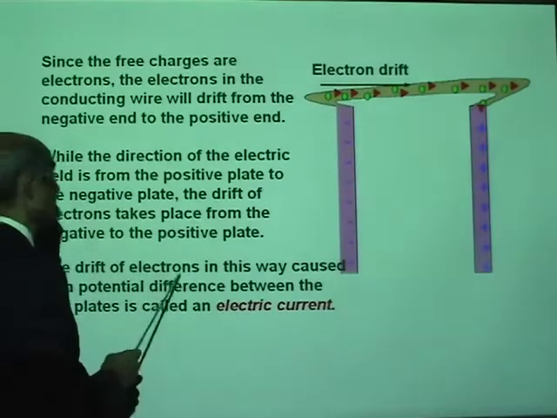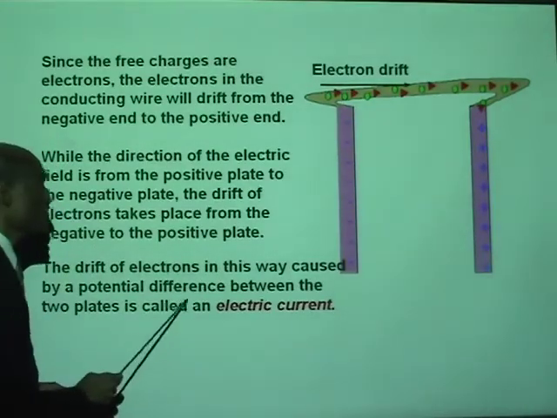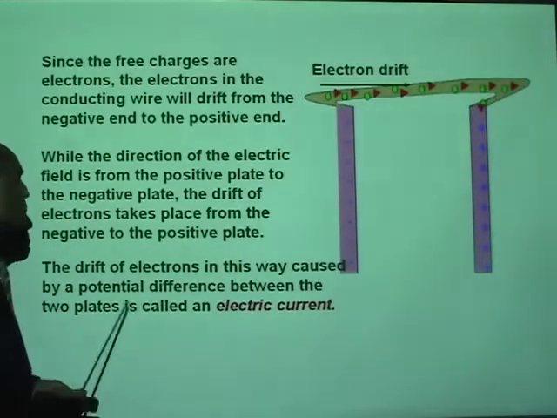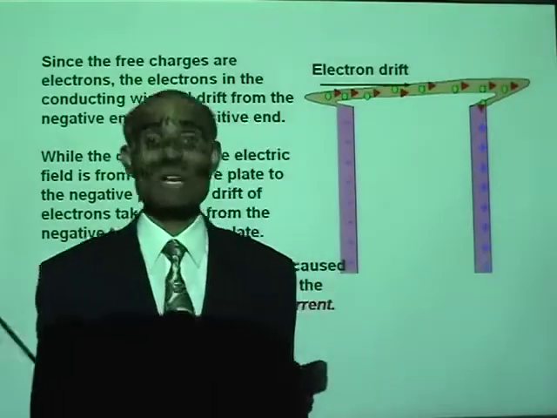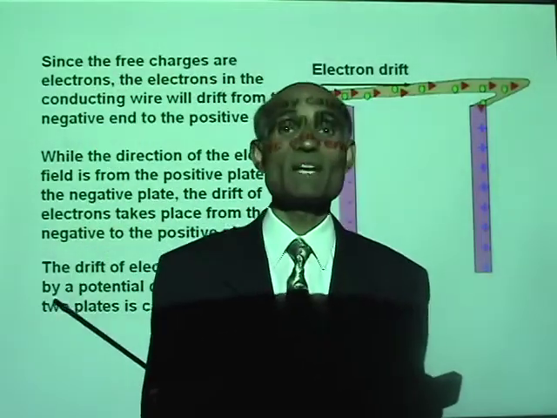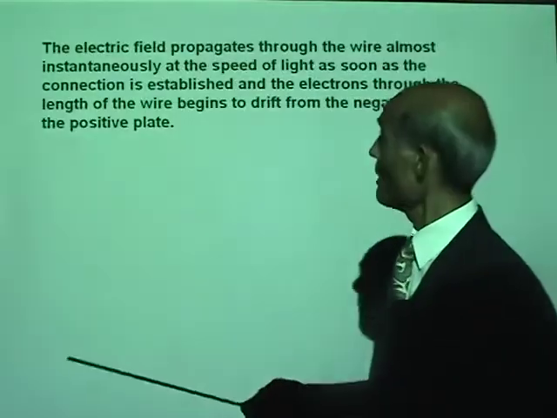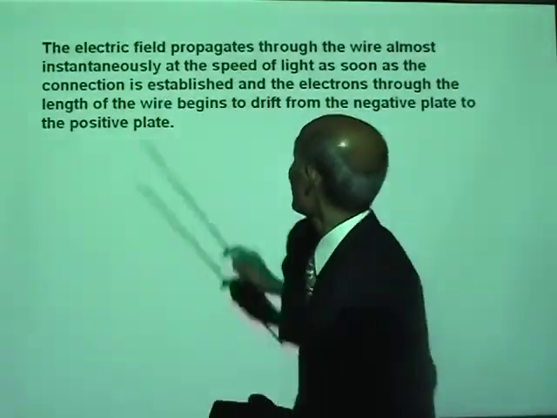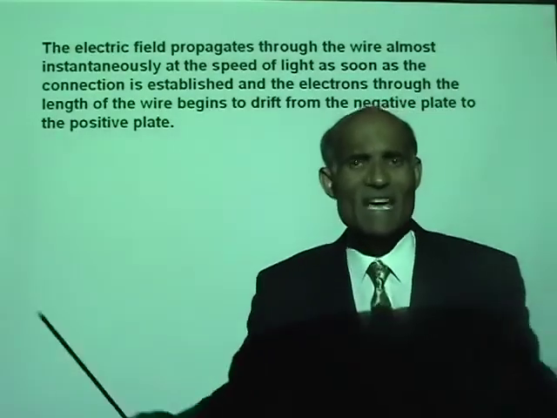Now, the drift of electrons in this way, caused by a potential difference between the two plates, is called an electric current. So, electric current is constituted by the flow of electric charges. The electric field propagates through the wire almost instantaneously.